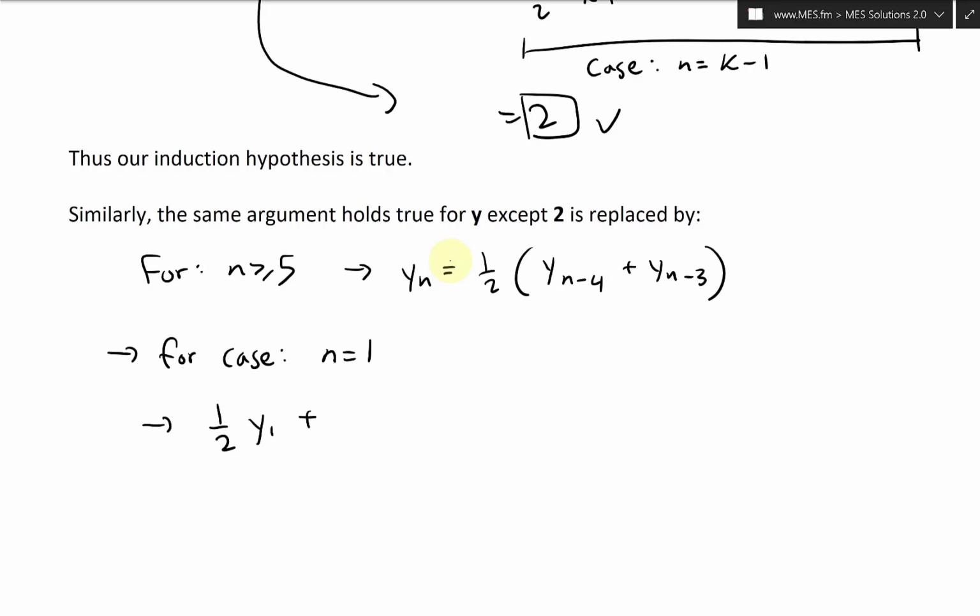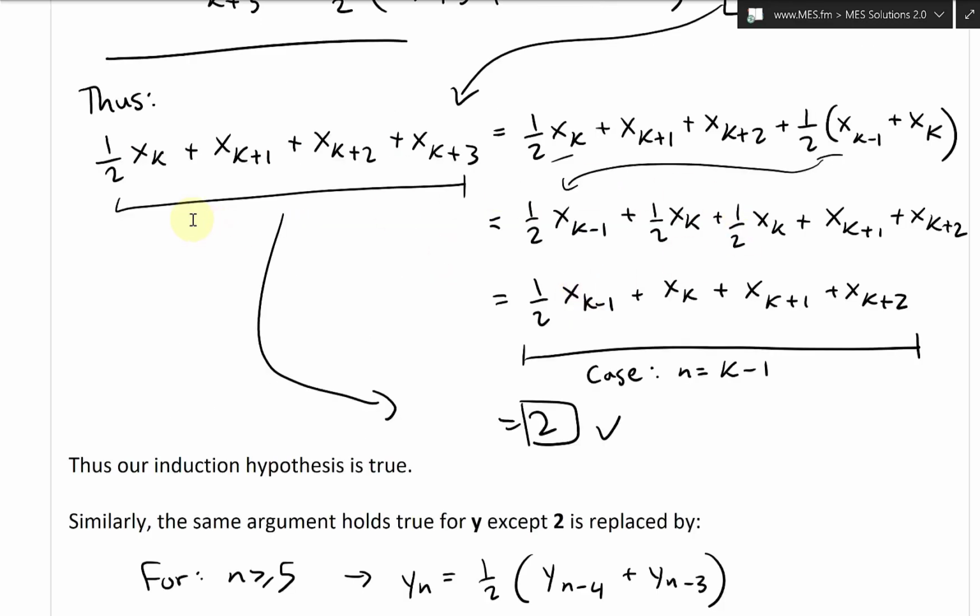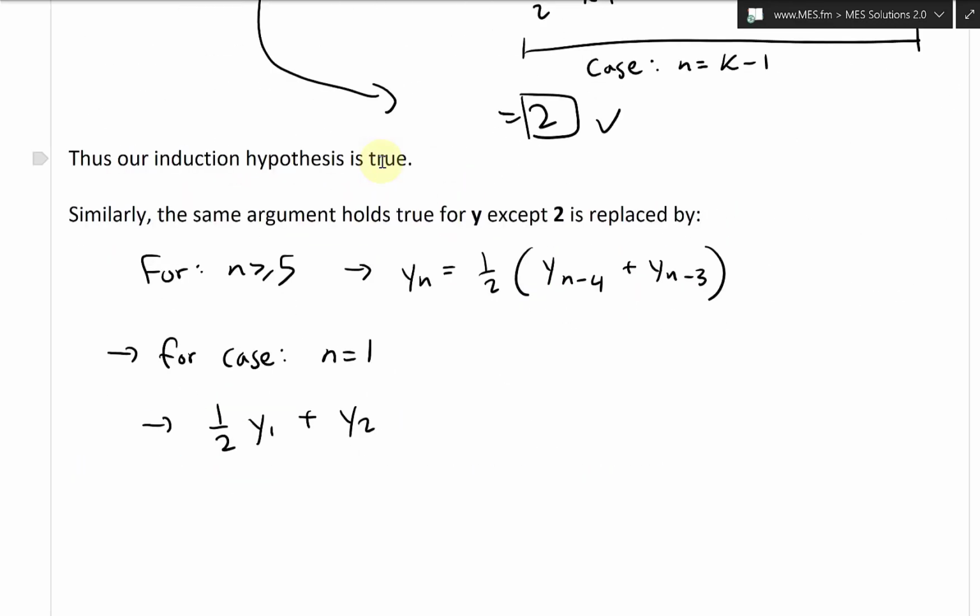So for n equals 1, y_1, then it's going to be n plus 1, so n plus 1 plus 2 plus 3. So then this becomes plus y_3 plus the next one, y_4.